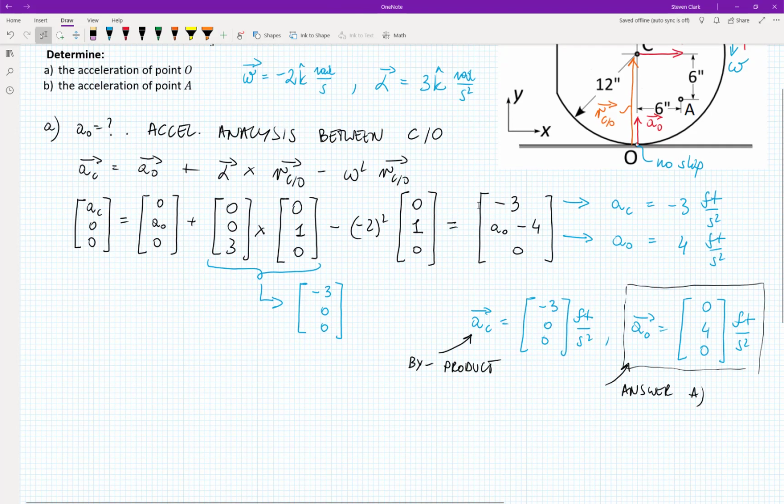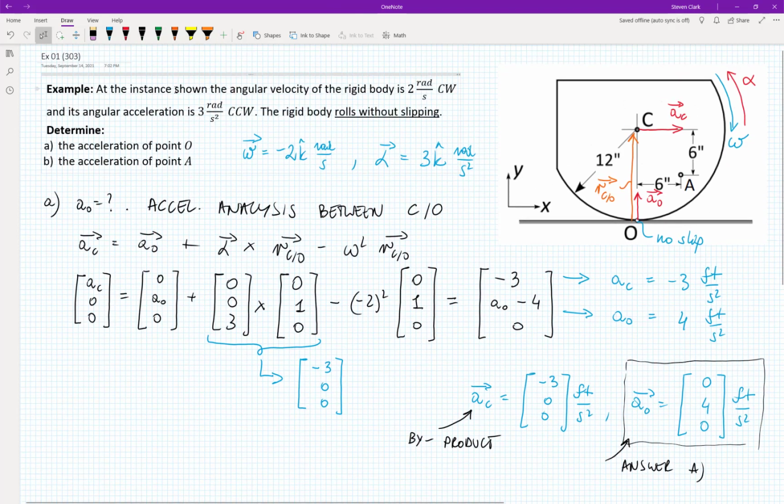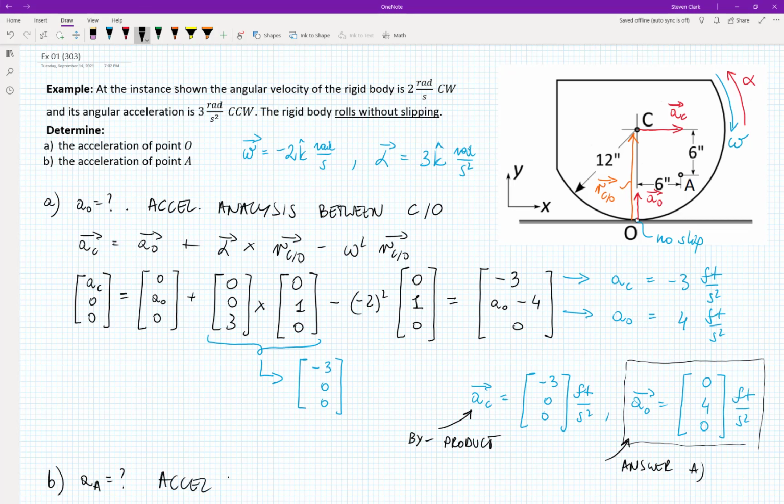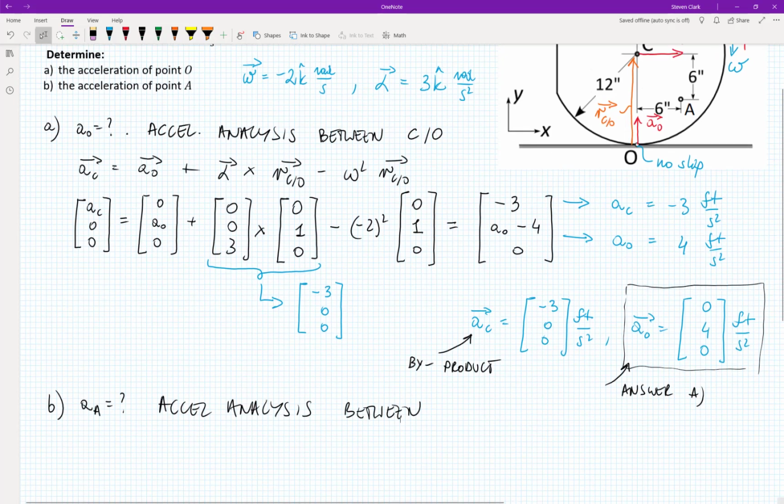Okay, now let's find the acceleration of point A. And again, guys, please choose the pair of points you would like me to use in order to solve that problem. AA is equal to question mark. So acceleration analysis between... Okay, which points do you want to go for?